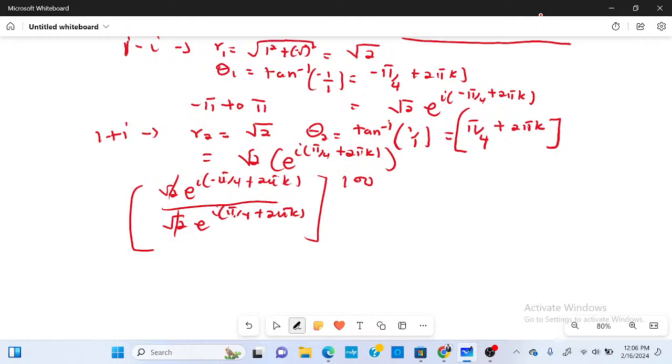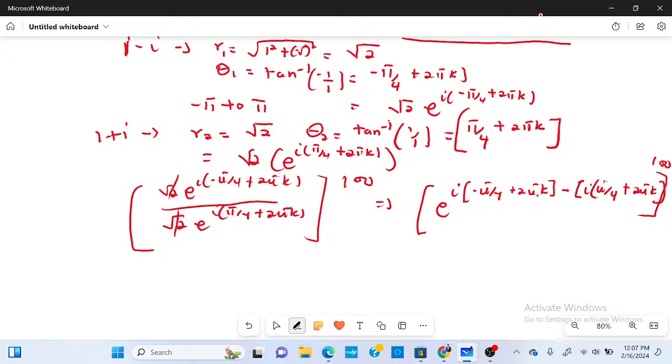Then at this point, as I told you, our argument will subtract. So I'll have e to the power I open brackets negative pi on 4 plus 2 pi k minus the expression I open brackets pi on 4 plus 2 pi k, and everything here is to the power 100.